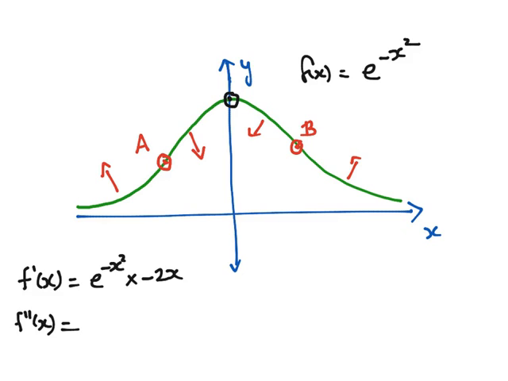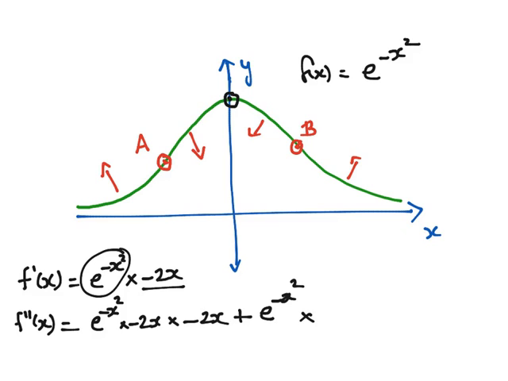I need to use the product rule. First, let me differentiate this. That is e power minus x squared into minus 2x into, I'll keep the second function as it is, minus 2x, plus, now I'll keep the first function, that is e power minus x squared, as it is, and I'll differentiate the second function, which is minus 2.